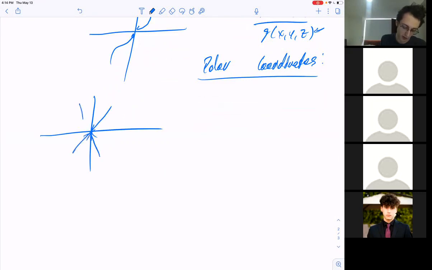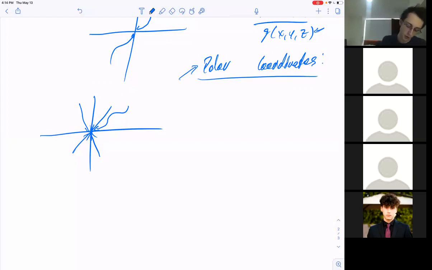Any straight line that you can follow to the origin, you can check quickly with polar coordinates. Now, if there's some crazy curve that approaches the point where you're taking the limit, and that curve is nonlinear, then the polar coordinate method will not work because it won't catch that strange nonlinear curve.